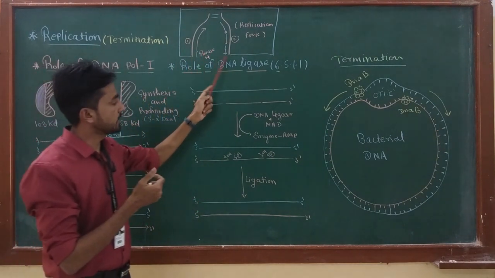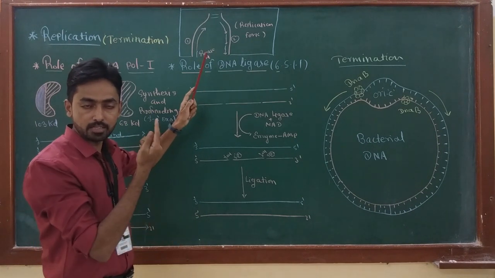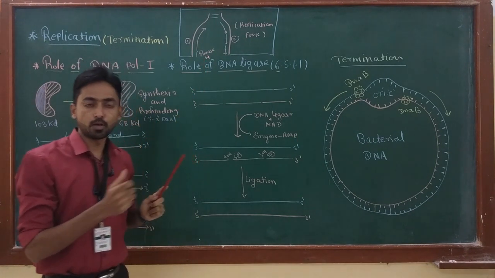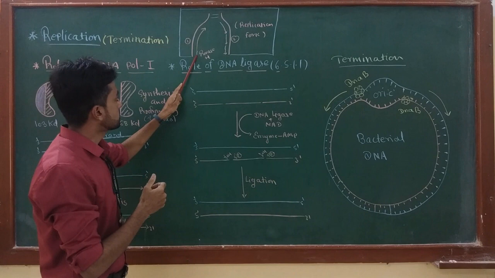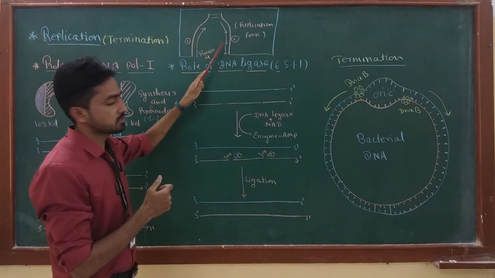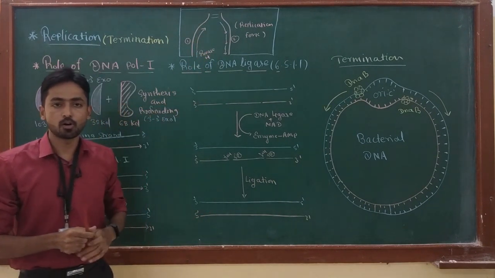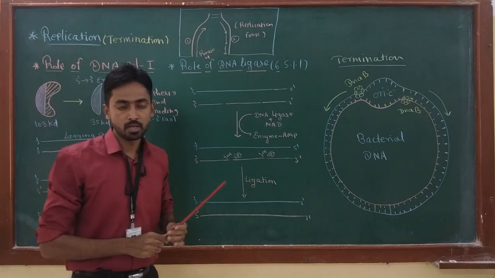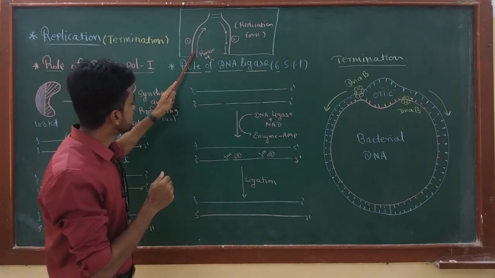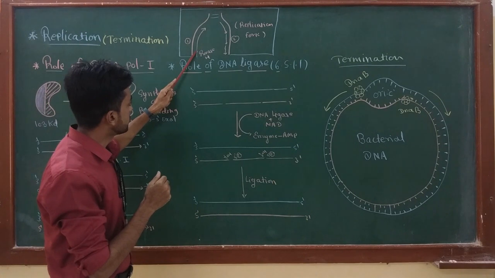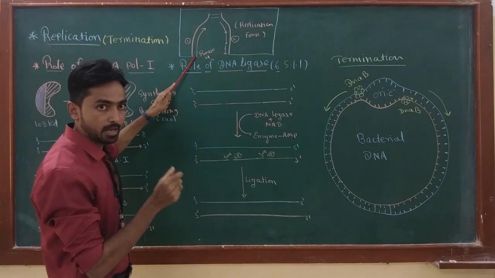In both strands, DNA polymerase moves in the same direction, but due to the polarity problem, the leading strand is synthesized continuously while the lagging strand is produced in short fragments. We call them Okazaki fragments. On the leading strand, a single primer is required, and the primer is an RNA fragment 10 to 12 base pairs long.